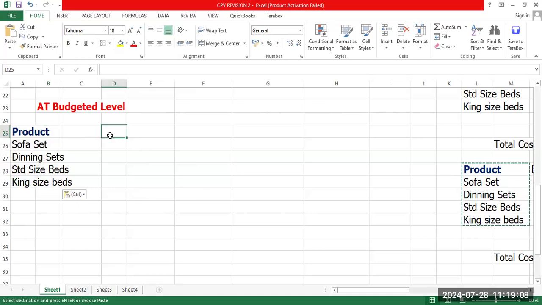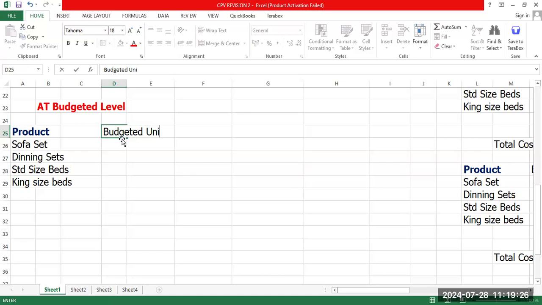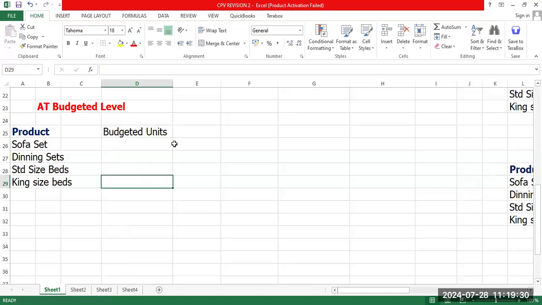Then here we need the total costs. First of all, we need the budgeted units, those ones in the question. Then we need the unit selling price.